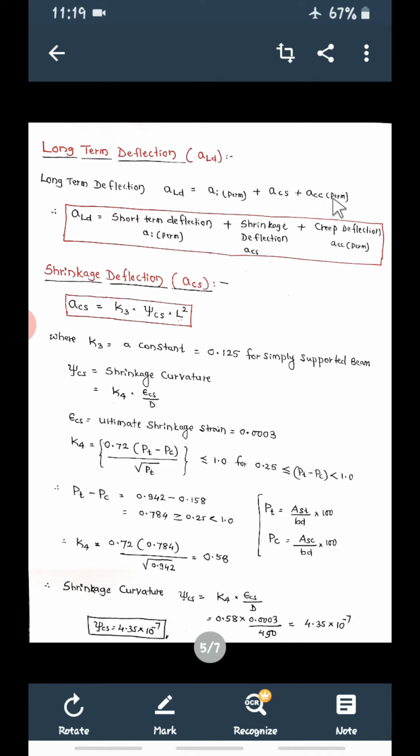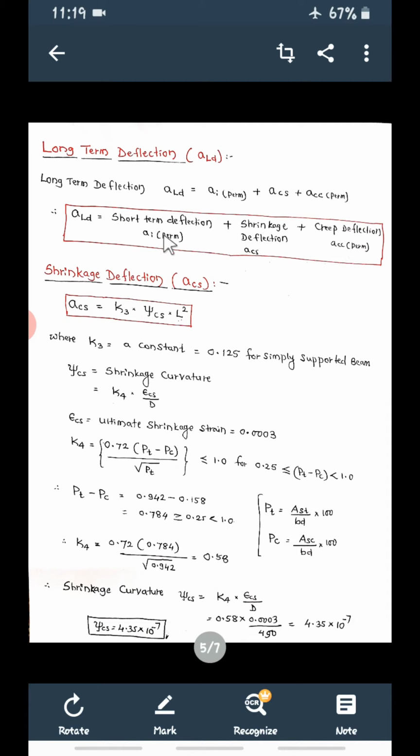ACC permanent is creep deflection. So creep deflection plus shrinkage deflection will give long term deflection. Plus if you add short term deflection, this will be the total deflection. Total long term deflection is short term deflection plus shrinkage deflection plus creep deflection. So add these three, we'll get this long term deflection.